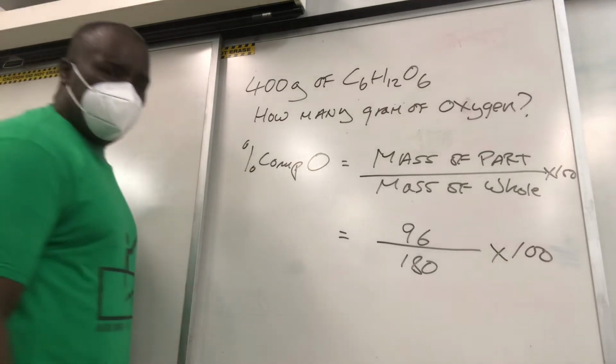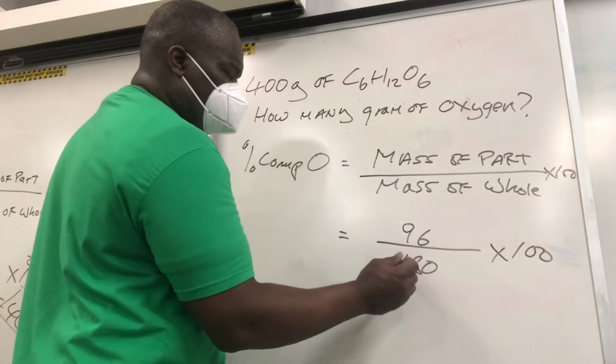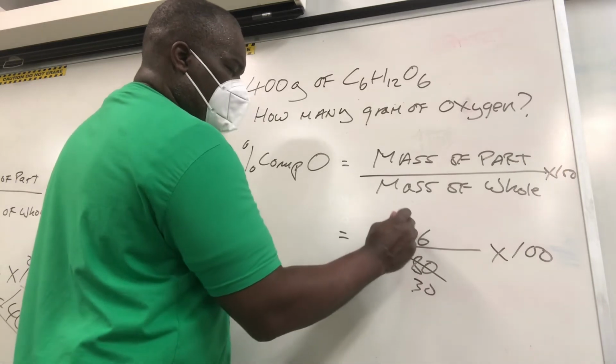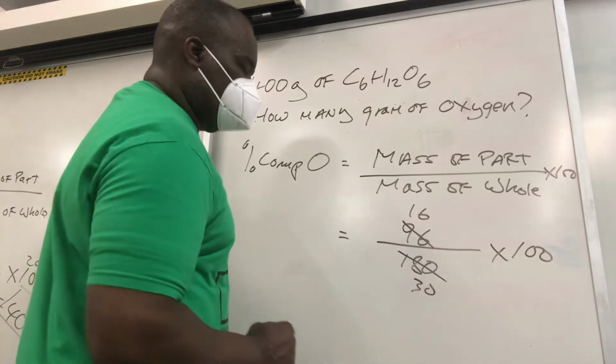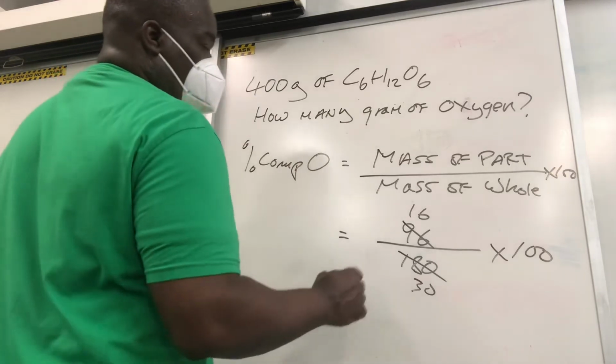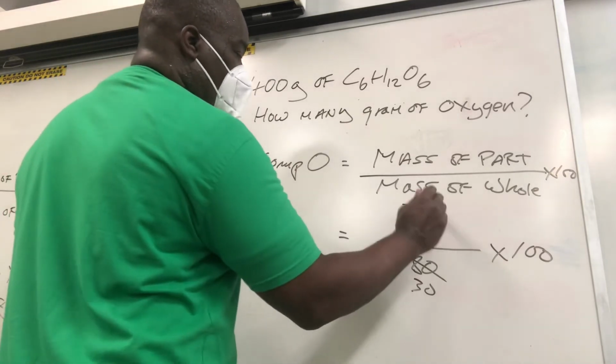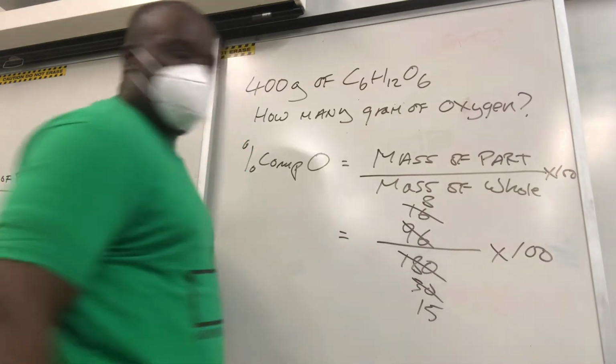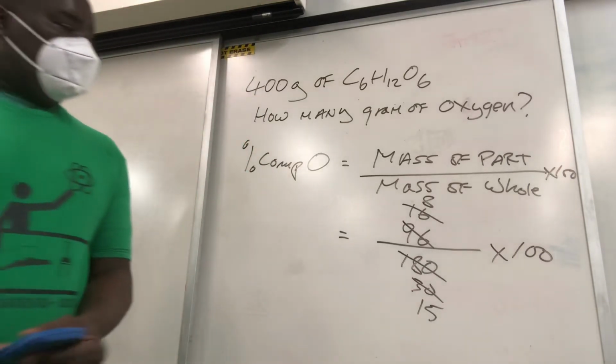Alrighty, so let's see if we can reduce this. 6 into 30 is 5, and 6 into 96 is 16. 2, I got 8, 2, I got 15. So I got 8 over 15 times 100.